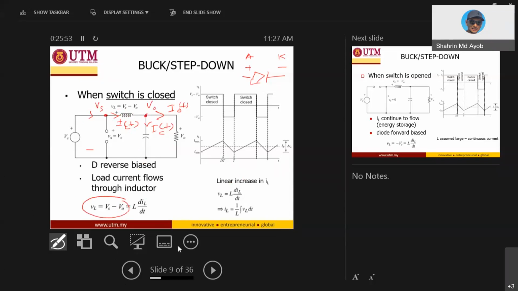And as you can see, this is the time when the switch is on. You can see the waveform. This one is your VL. We assume that this is the buck converter, so we assume that Vs is always larger than V out. That's why we have a positive.